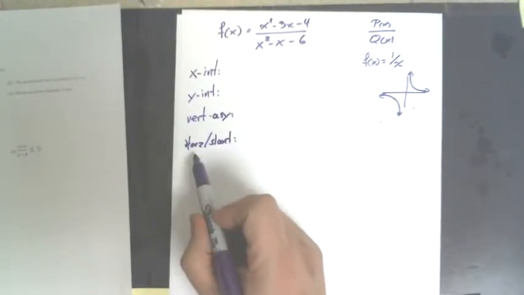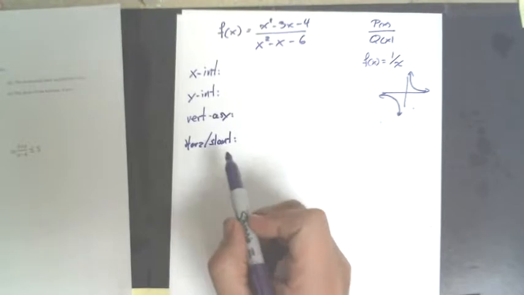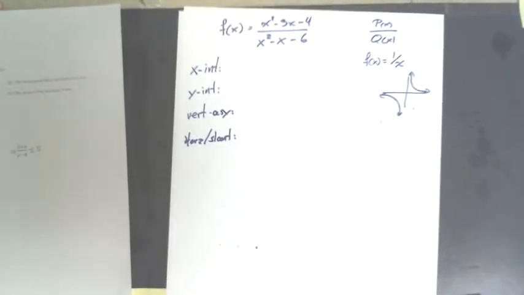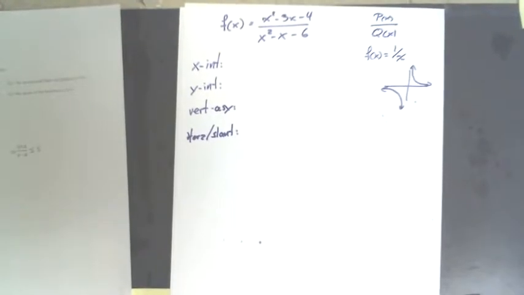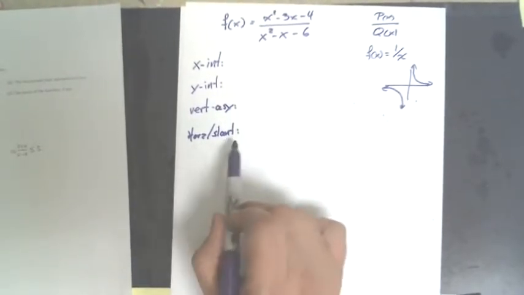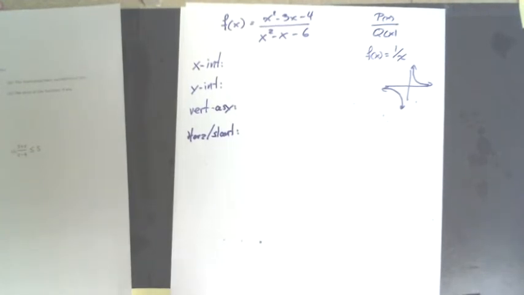You can have either horizontal or slant or neither. You can never have both. If you have a horizontal asymptote, you can't have a slant asymptote, and if you have a slant asymptote, you can't have a horizontal asymptote. But it is possible to have neither. These are often referred to as end behavior asymptotes to link them together.